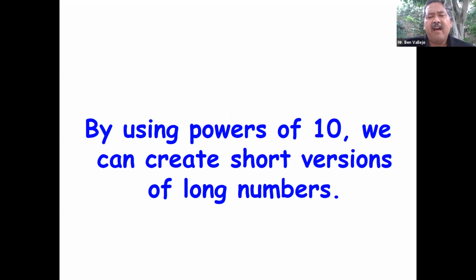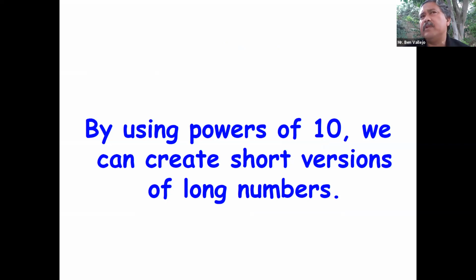So if you write this down or type this into your template, by using powers of 10, we can create short versions of long numbers. Whether it's long because it's really, really big, like 100 million trillion billion, a number like that doesn't even make sense in my head, but it's a really big number. It'll make more sense if we use scientific notation to represent those really big numbers.